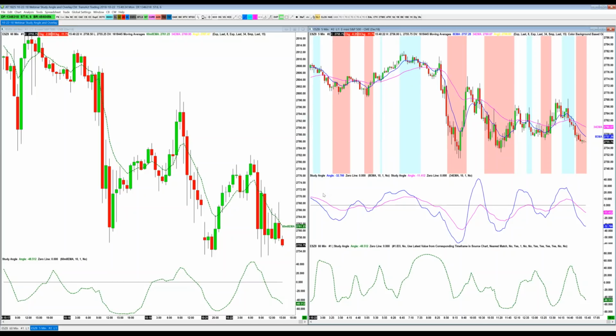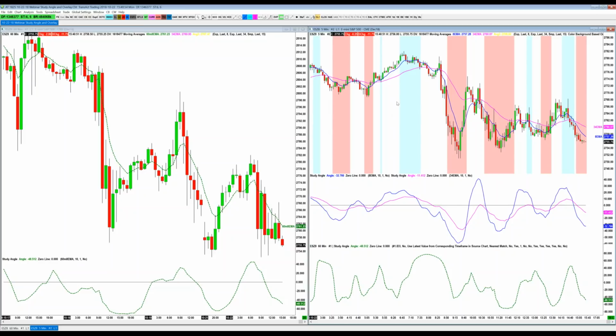Well, what better way to achieve an end like that than to use the study angle, or there are a couple other ways you could do it, but study angle would be one on the 5-minute, and then measure the angle of the study on the longer time frame and use that as well. And that's what I would like to demonstrate how to do here today. All right, and then I'll show you how we use the formula.